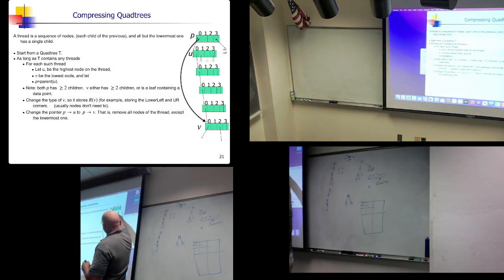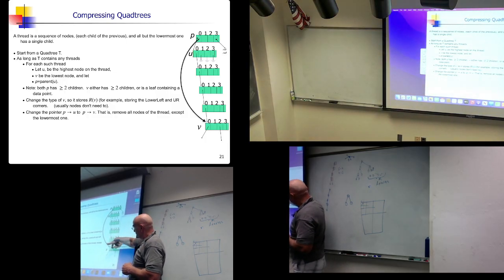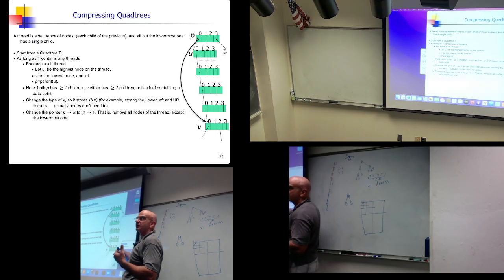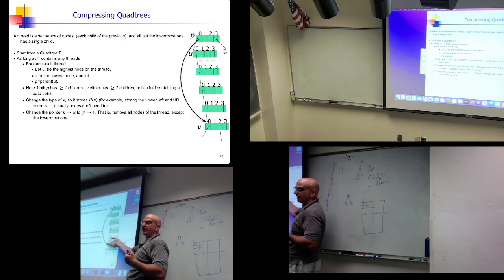The shred starts at U, and U has only 1 child. And the next node of the shred has only 1 child, until finally I get to a node that has 2 children, or the other alternative, V might have a point stored in it. So V is either a leaf or has 2 children. If it has only 1 child, then I would take V and add it to the shred.